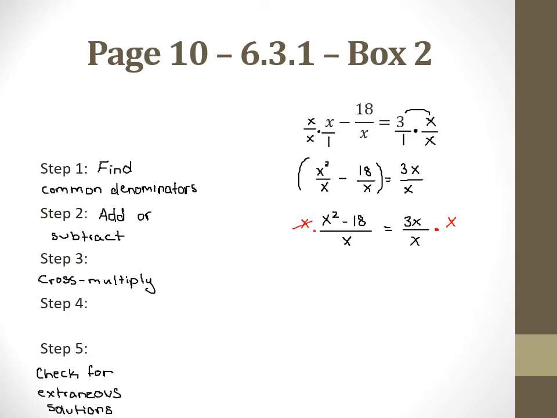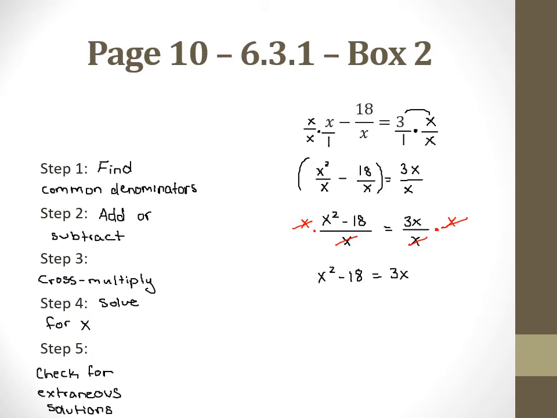And those x's will all cancel each other out. So once I have cross multiplied, I'm left with x squared minus 18 is equal to 3x. And then step 4 is going to be to solve for x. And this is where your algebra problem solving skills come into play.